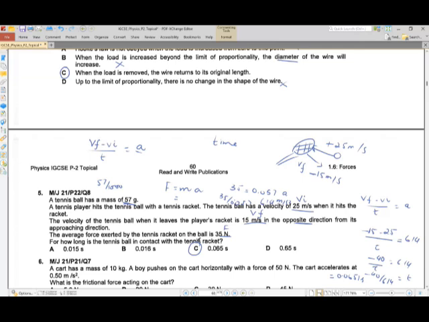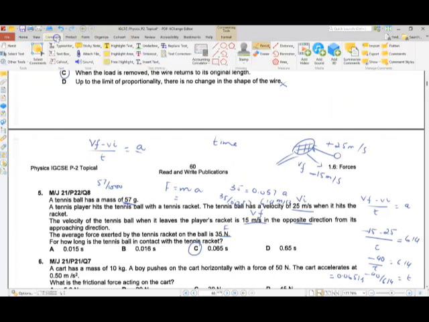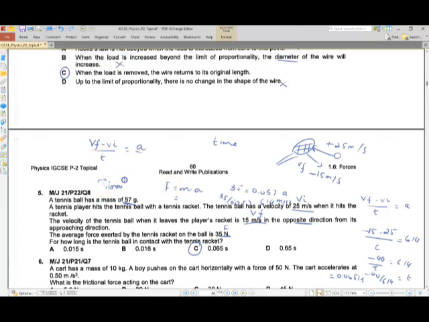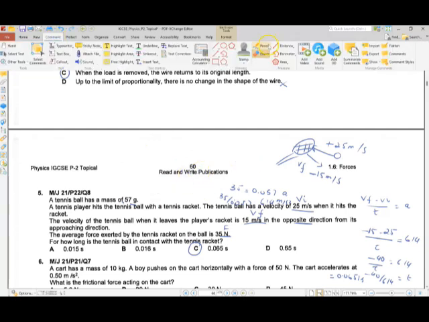Although all of this can be avoided once you've done and covered the topic of momentum, so you'll see that we can find all of this with a very simple formula, that is, just switch with the pencil.